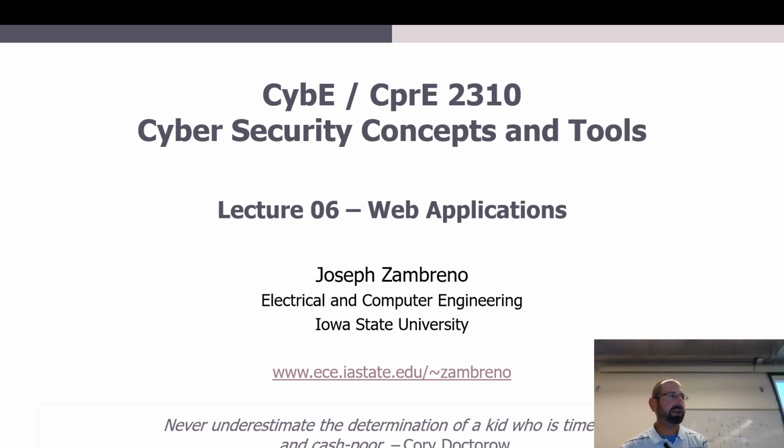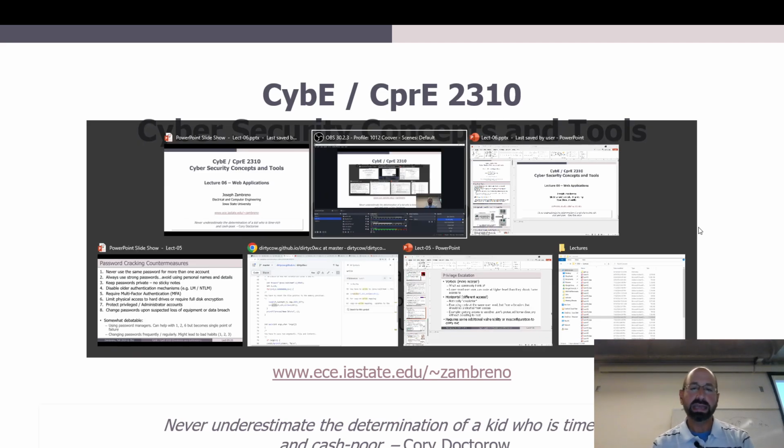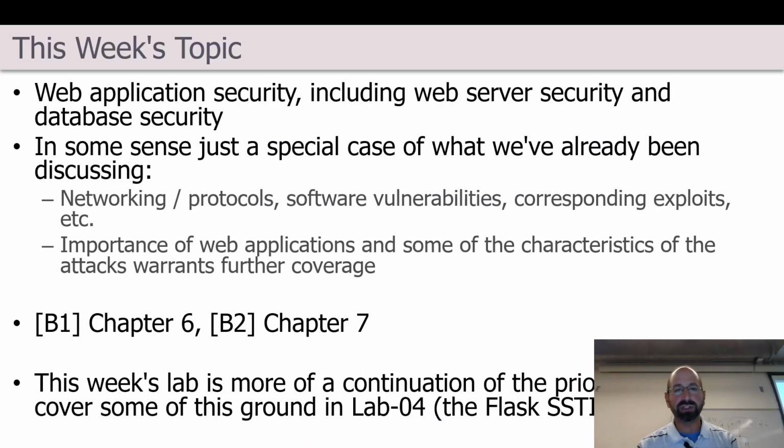The next topic, and maybe we'll just do our introduction for it now, is that of web applications. What's interesting about this topic is that it is really just a special case of what we've already been discussing. It's a necessary topic, and we'll talk about why, but a web application is just a piece of software, right?